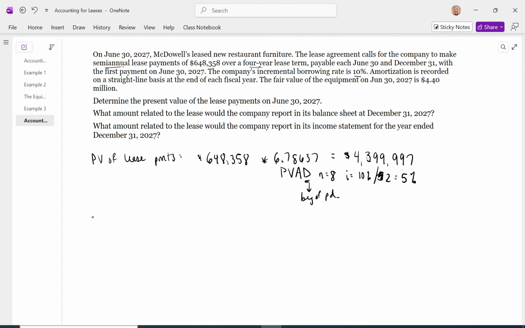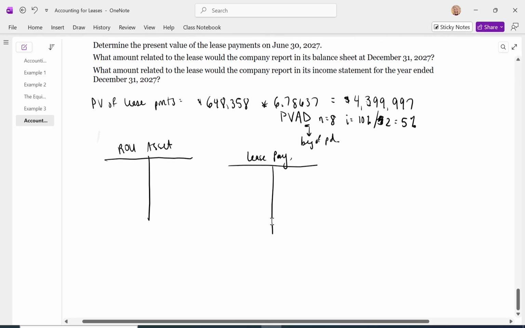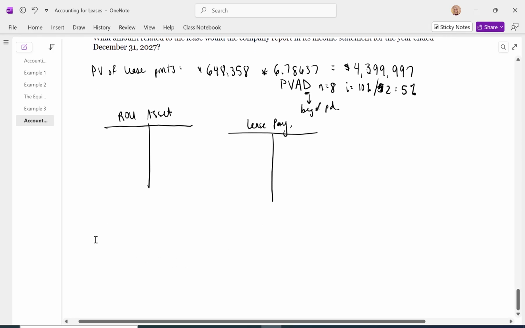What amount related to the lease would the company report on its balance sheet at December 31st, 2027? All right, so what we need is these journal entries here, and I'm going to start with my T accounts. First thing that happens is the entry on June 30th, 2027.